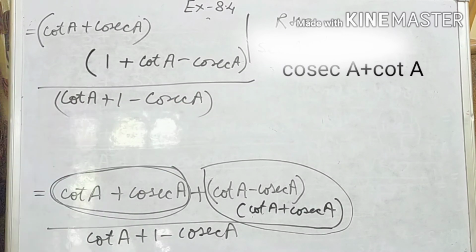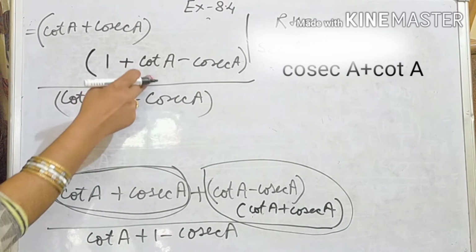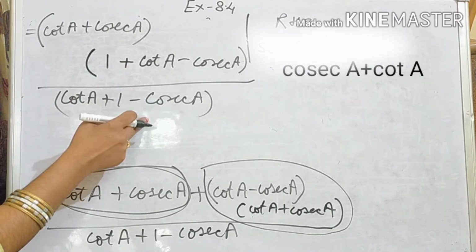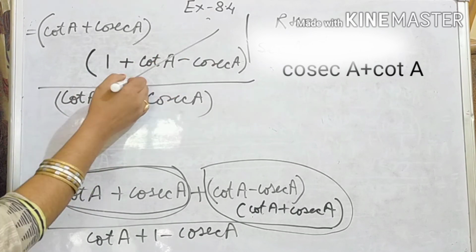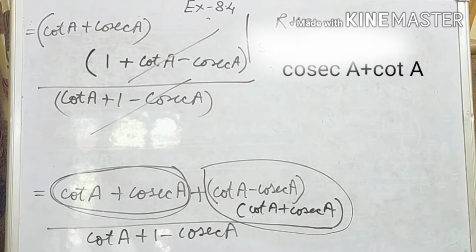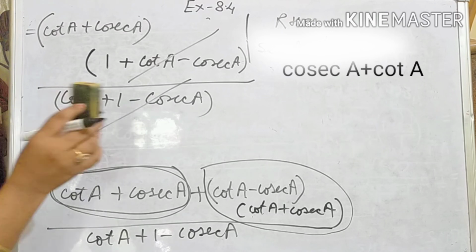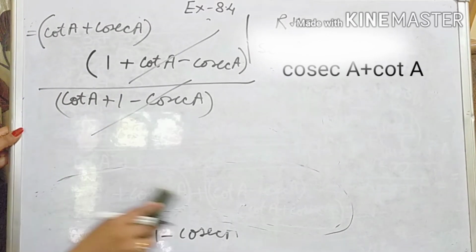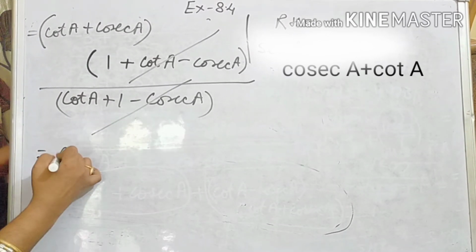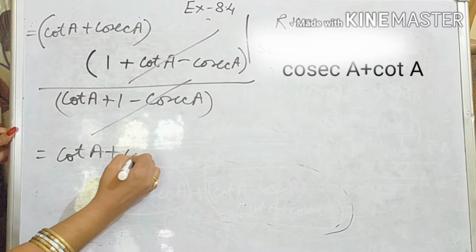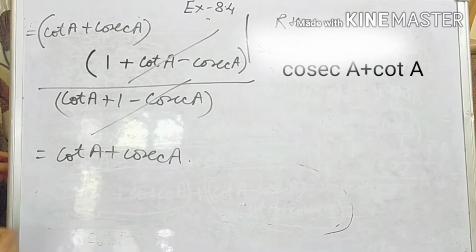You will be happy to see that these two brackets are exactly the same, so we can cancel out these two terms and we are left with cot a plus cosec a, which is cosec a plus cot a.